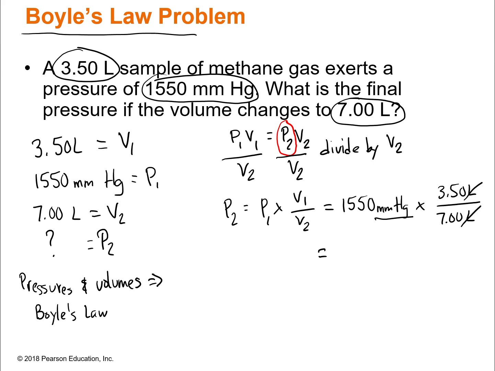Before we put our calculator to work, let's think about what our answer should be. We're going from 3.5 liters to 7 liters. Is that an increase or a decrease in volume?